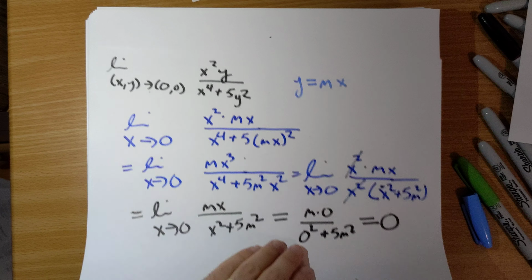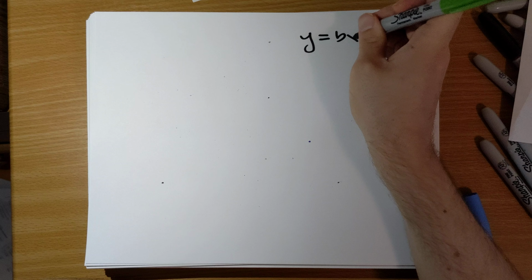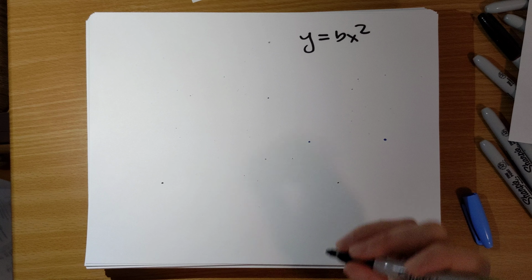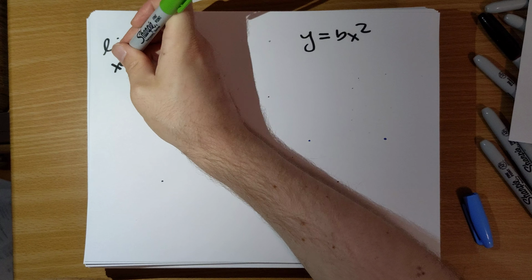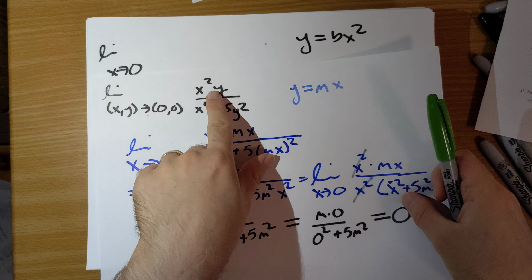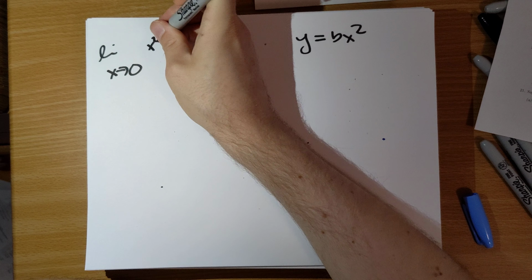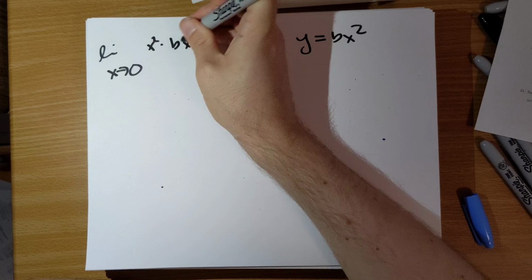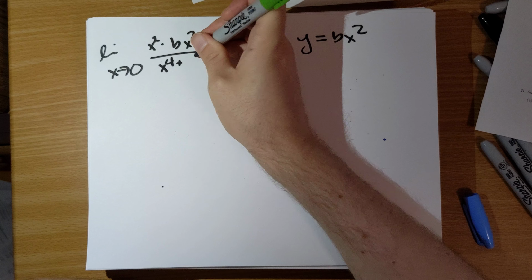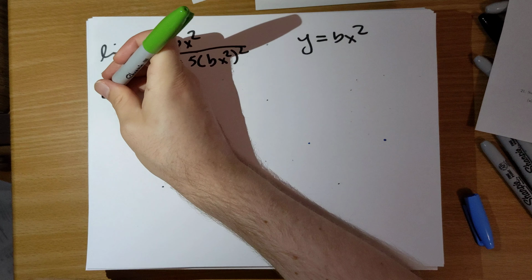Now, however, part B says, well, what happens if you go along y is equal to bx squared? If you go along y is equal to bx squared, the limit as x goes to 0. I'm going to copy this, but everywhere I see a y, I'm going to put bx squared. x squared times bx squared over x to the fourth plus 5 times (bx squared) squared.